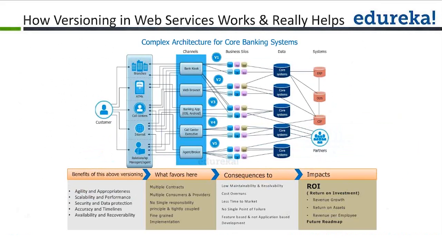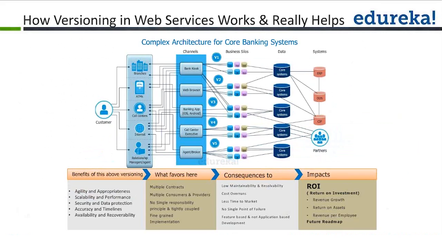So the benefits remain the same that we have been discussing: agility and appropriateness, scalability and performance, security and data protection, accuracy and timelines, and availability and recoverability, right? These are five basic, very strong fundamentals for any business change, and these are the same benefits which versioning gives you directly or indirectly.